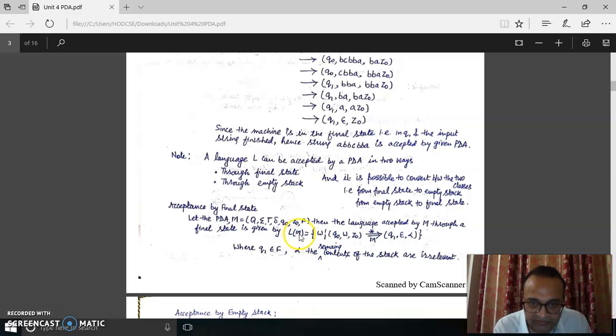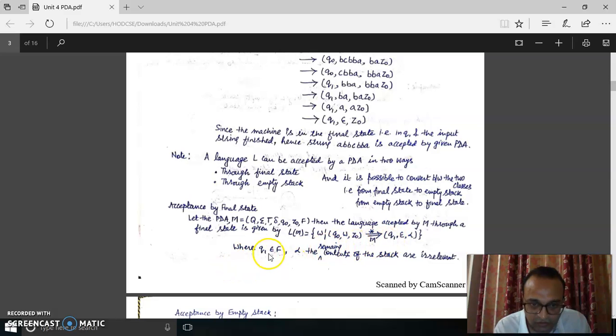The language is a set of strings where, when the machine is in the Q0 state, for consuming the entire string, initially the stack top symbol is the stack initial symbol, and finally you are moving to a state which is a final state.